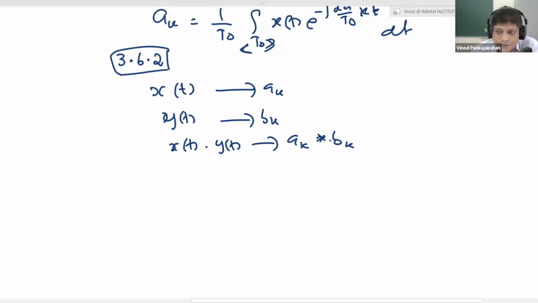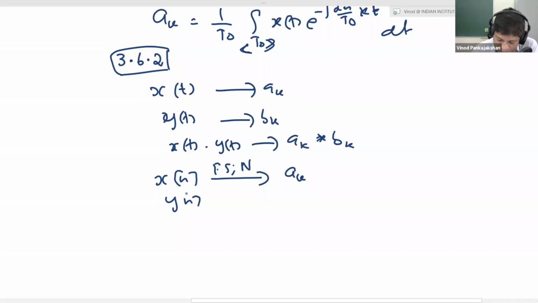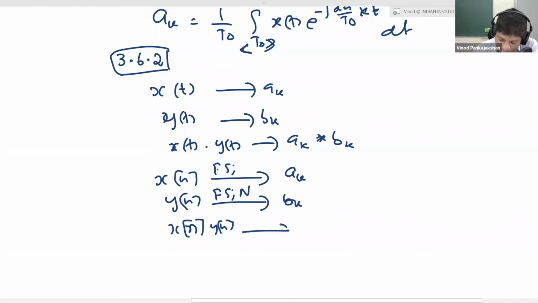There is a similar property for discrete time Fourier series representation. Let's say x[n] with Fourier series coefficients a_k with respect to a period N, and y[n] with coefficients b_k with respect to a period N, then x[n]y[n]: is it the convolution of a_k and b_k, or something different? But what is the problem if we take the convolution of two periodic signals?